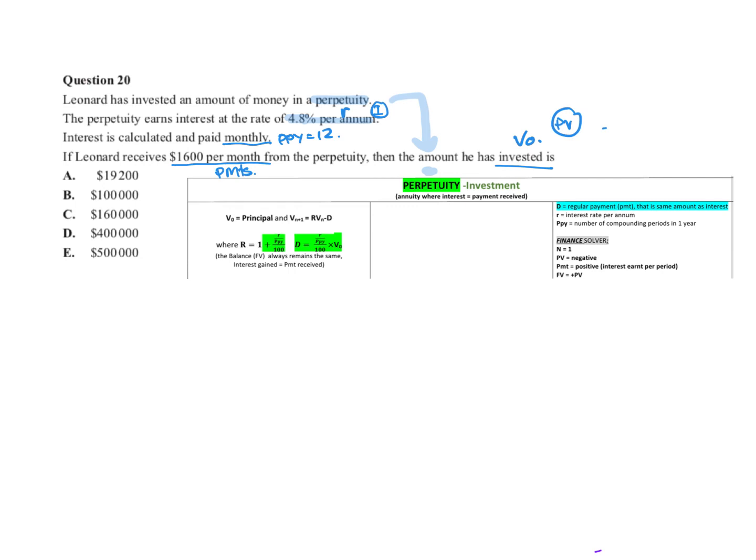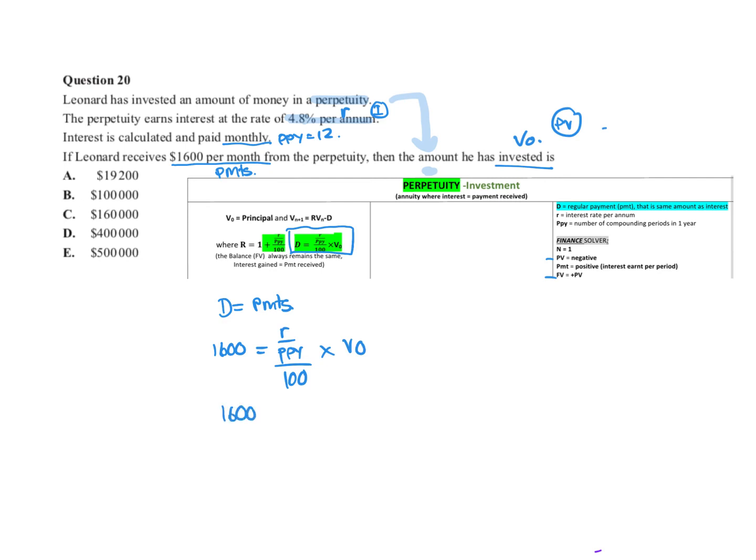Now, if we look down at Finance Solver, the PV and FV are the same value, but we don't know that, so we can't use Finance Solver. So what we're going to use is this D, because D equals the payments in this formula. So we know that that's 1,600, and the formula is rate over PPY over 100 times V0.